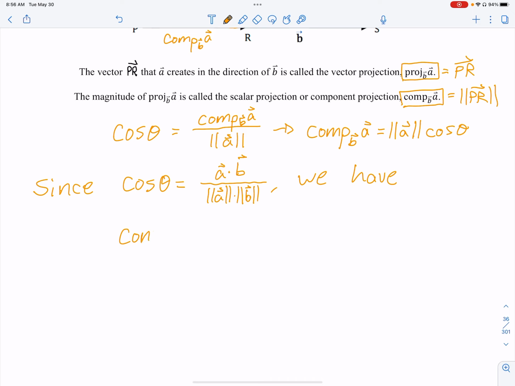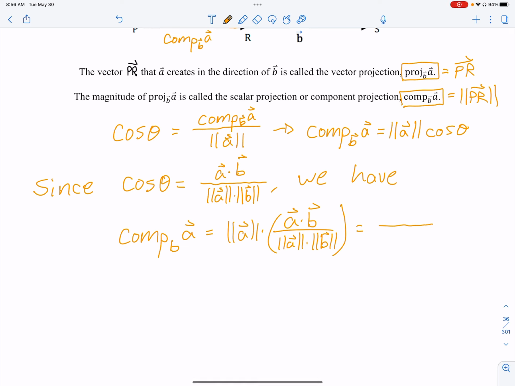So the comp of A onto B equals the magnitude of A times A dot B over the magnitude of A times the magnitude of B. And so the magnitudes of A cancel. I have A dot B over the magnitude of B.